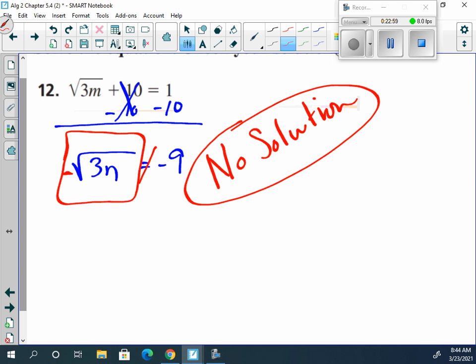So once you get the radical by itself, there's nothing else with it, and it equals a negative number, there's going to be no solution because we can't have it be negative. Questions on this here?